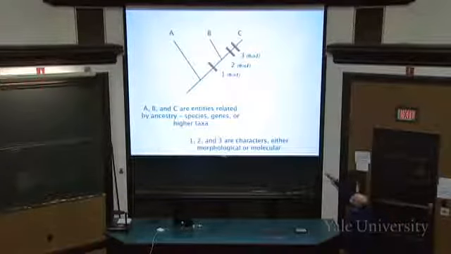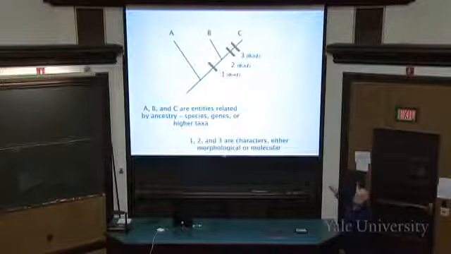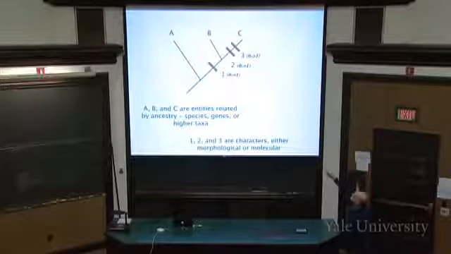Basically what this picture is telling you is that trait 1 changed from ancestral to derived between A and B, and then after B split off from C, 2 more things changed in C. So that's the information that picture is trying to give you.